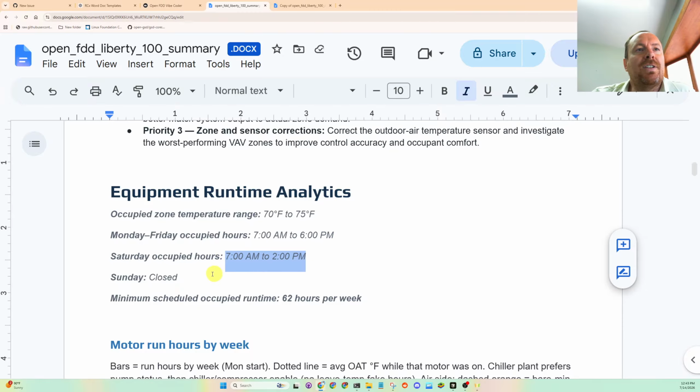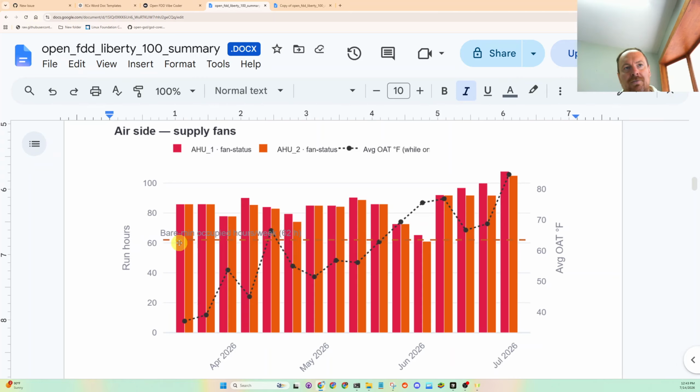We also have analytics for elapsed run hours of the equipment against the bare minimum. Any run hours above the bare minimum have a totalized value, which is basically a fault.